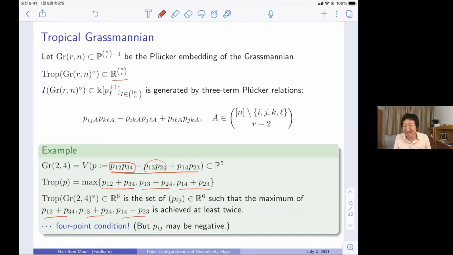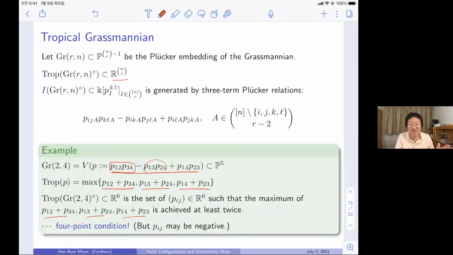Now you can understand why I try to explain this example. We have 6 different numbers Pij, where ij runs from 1 to 4. And we need to compute the sum of two pairs, and the maximum must appear at least twice. This is exactly the same condition I explained 5 minutes ago.